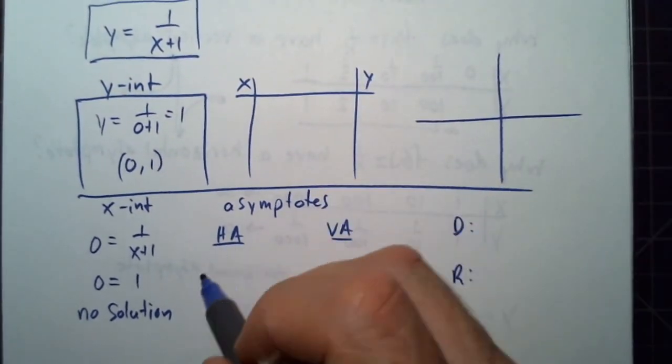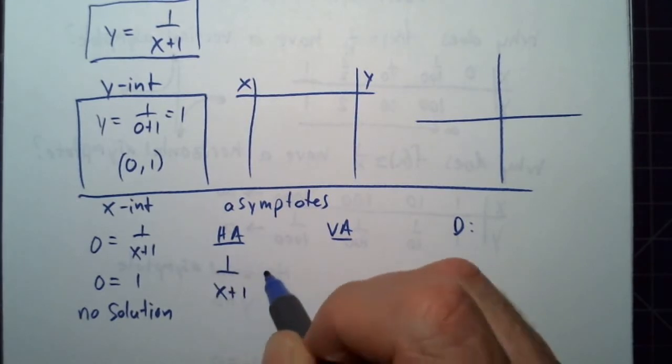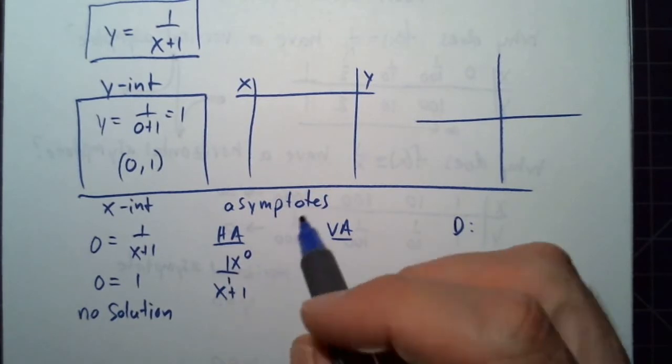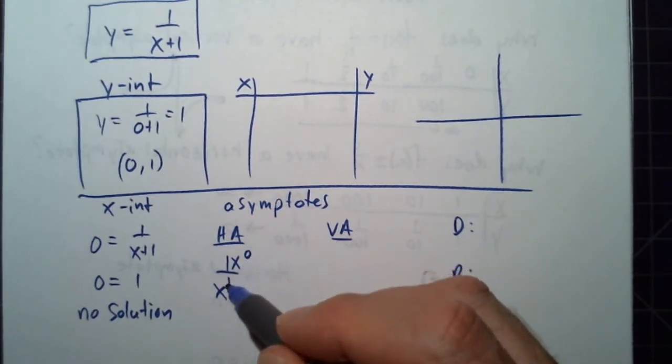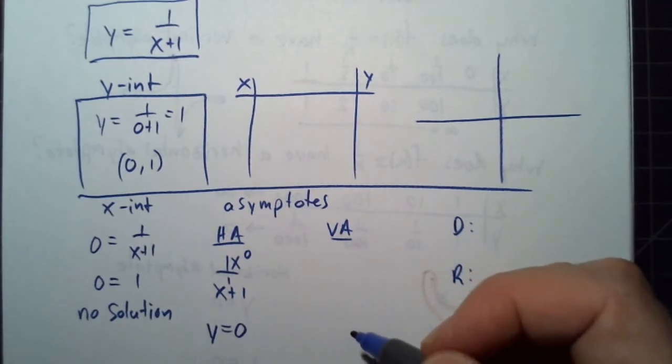Okay, horizontal asymptote. We could look at 1 over x plus 1 as 1x to the 0 over x to the 1. So now you can compare the degrees, and we have a higher degree in the denominator, so the horizontal asymptote is 0.